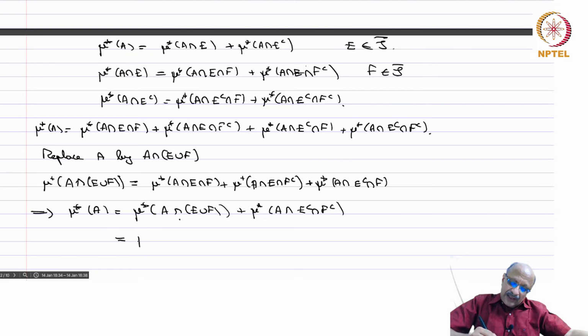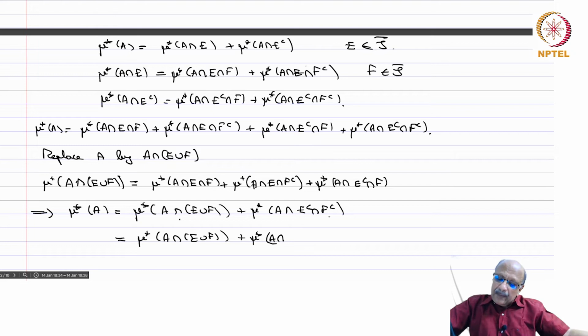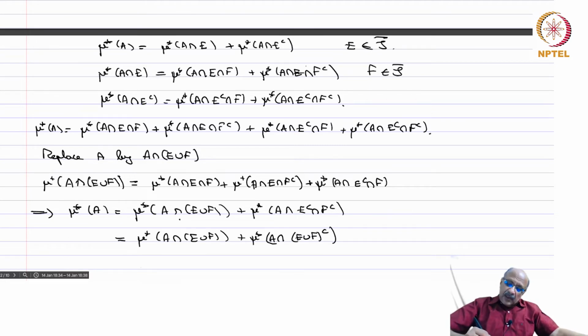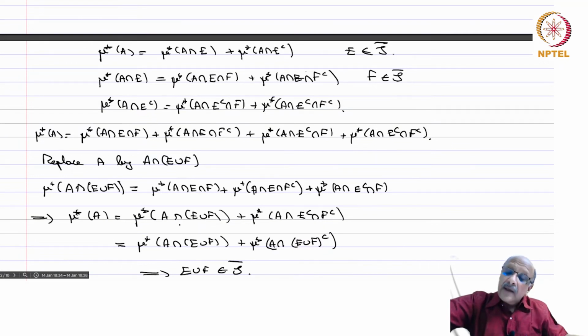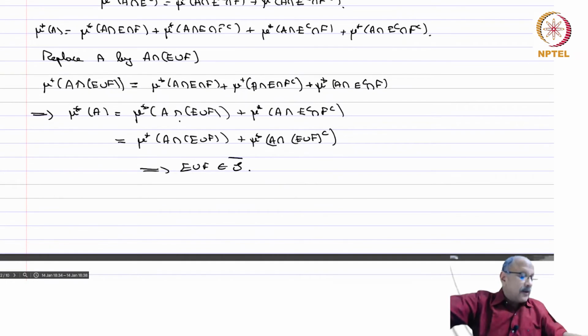But that's very nice, that's mu star of A intersection E union F plus mu star of A intersection E union F complement. So mu star of A is equal to this, and this implies that E union F belongs to S bar. So it is closed under unions. So similarly, now we will do it for the difference.